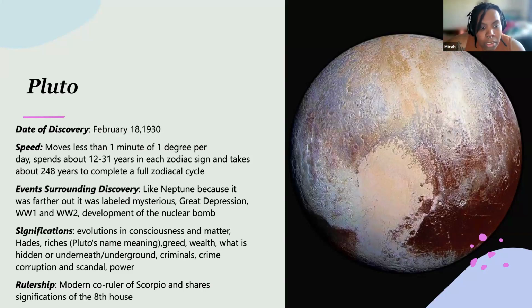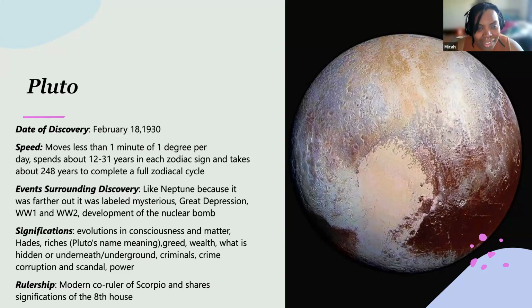So some significations that we get from that are evolutions in consciousness and matter. Both Neptune and Pluto got this, I mean, Uranus got it as well, but it was more about intellect and innovation since all these inventions were coming out. But Neptune and Pluto were both seen as evil until they said, oh well, it takes a very evolved human being to essentially make these planet significations positive.